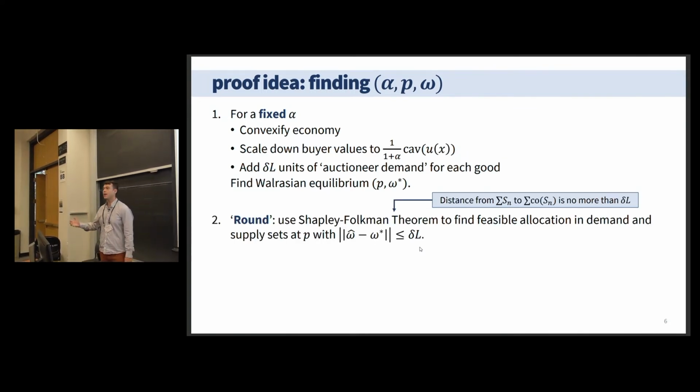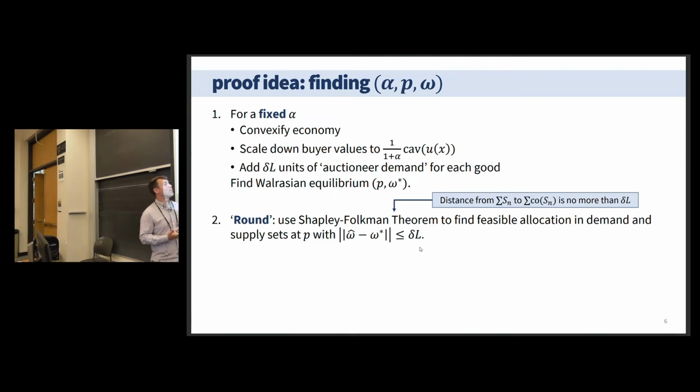The next step is to round the allocations using a classical result that some of you may know, called the Shapley-Folkman theorem. The easiest way to explain the idea in this setting is that given any Walrasian equilibrium of the convex relaxed program, there exists a feasible allocation, which is in the demand and supply sets at the given price and is nearby the relaxed program solution.